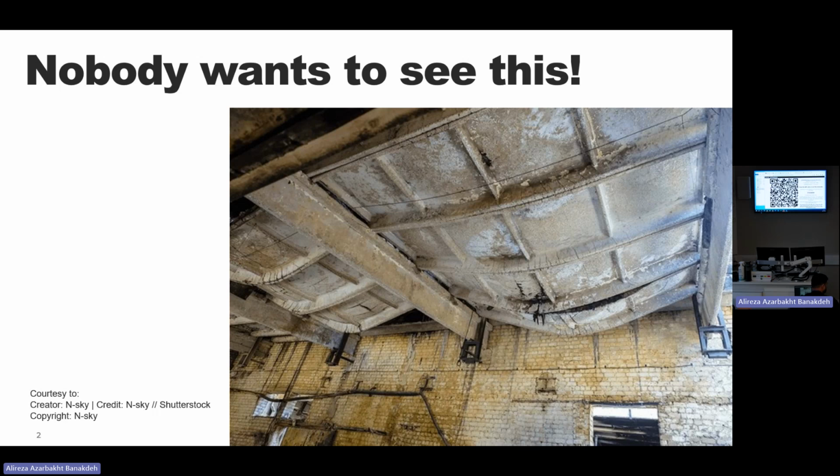Although it may be able to carry the applied loads, this sort of deflection is very visible to the eyes. It's very scary for people. So nobody wants to see this.